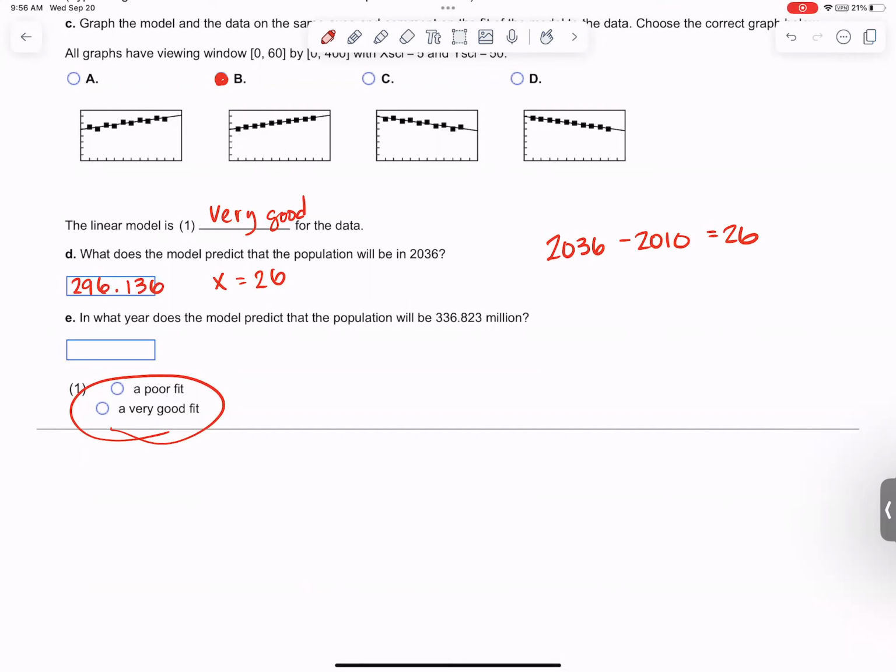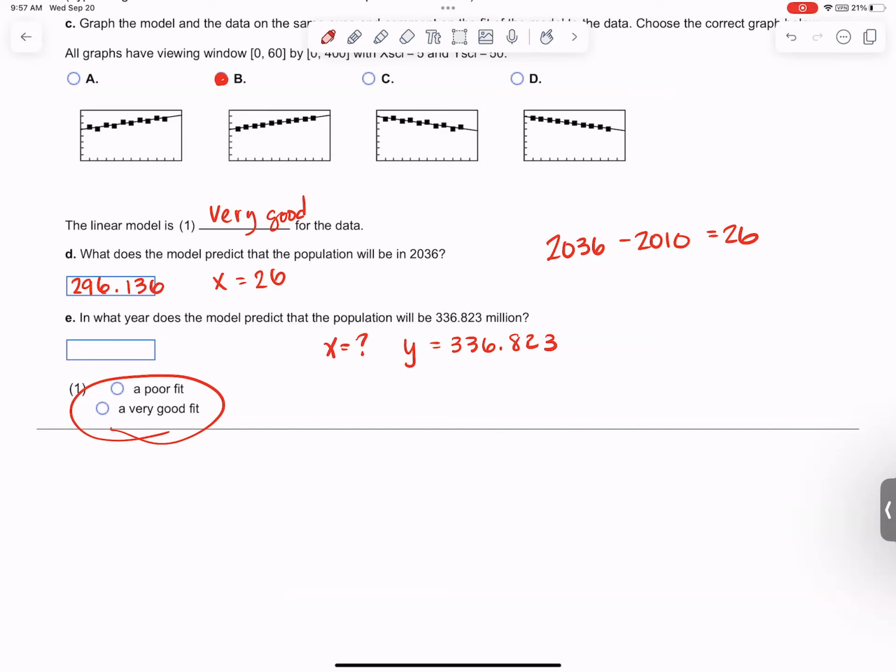In what year does the model predict the population will be 336.823? So now it wants X when Y is 336.823. Now you could certainly plug this in and solve it algebraically. Way too much work. So we're going to solve this using the intersection of these two lines.